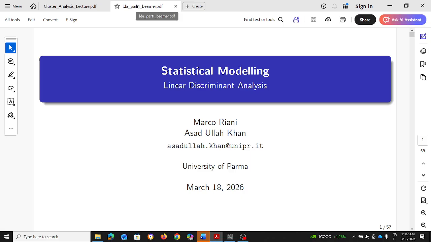Now, if you remember in PCA, what we usually used to do is, let's say we have some points, okay, and we by choice draw them to have some direction. So this is PCA.